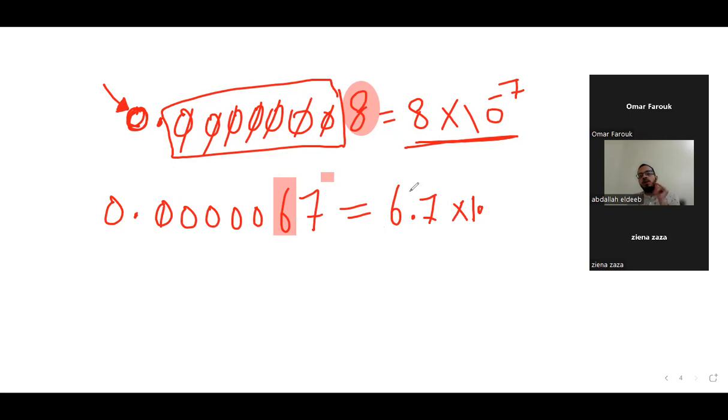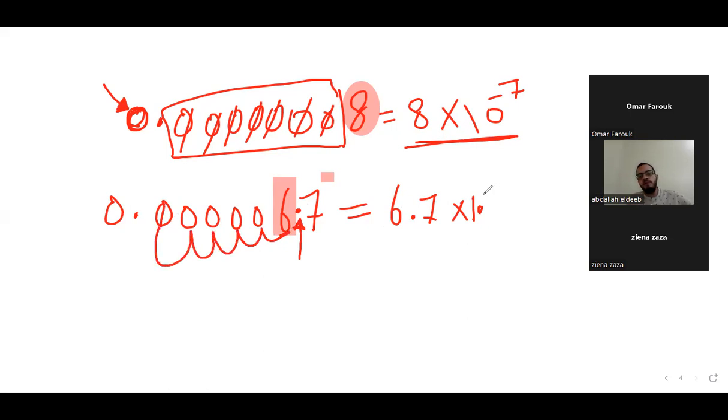Here, Zena, you will ignore the 0. What do you mean ignore the 0? You have to start counting from the first 0 on the left. What is the decimal point? The decimal point is here, yes? So you start counting from here: 1, 2, 3, 4, 5, 6.